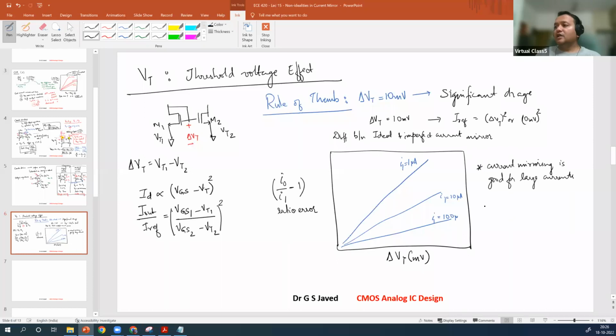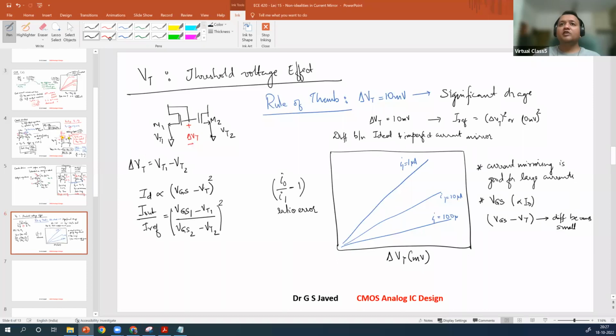The reason why that happens is VGS, which depends on the current, ensures that VGS minus VT, the change in this difference, becomes small.